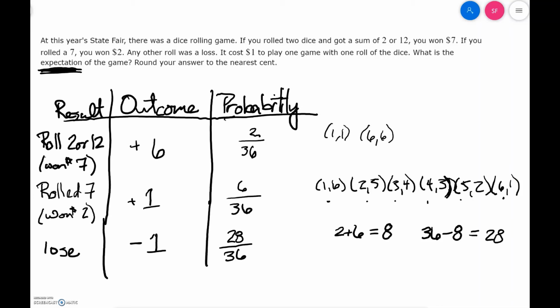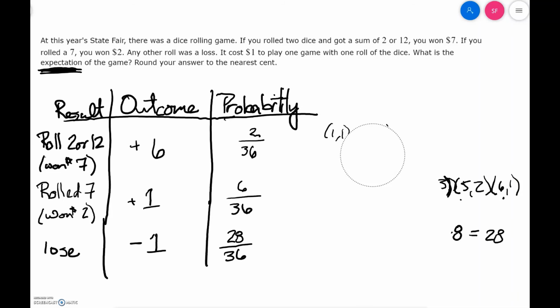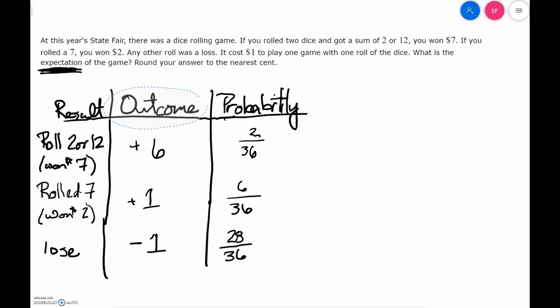Okay, so I'm going to erase this side. So now let's talk about how to find expected value. Expected value is outcome times probability. So let's do that. Outcome times probability, outcome times probability, outcome times probability. You can just throw this into your calculator and get the decimals.